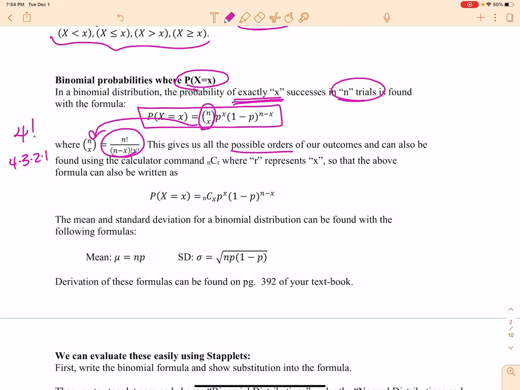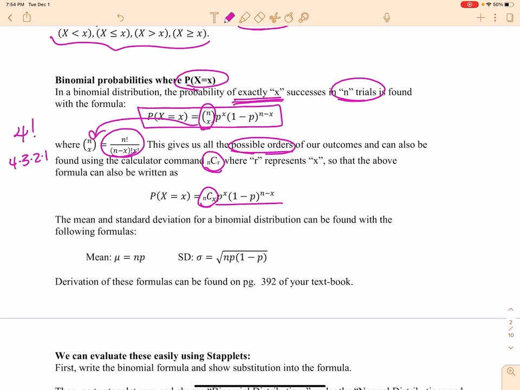Something else that should be familiar to you is this right here. This is often used for combinations, all the possible combinations of ways you can order these things. So this is something you could use in your calculator along with all of this.